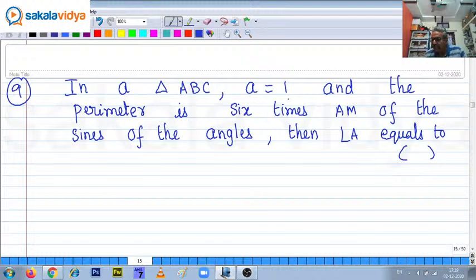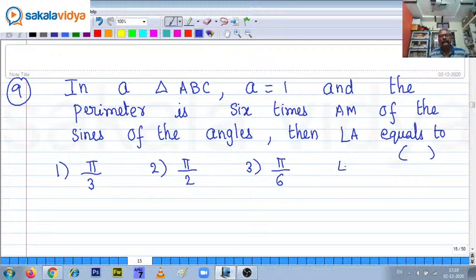This is the question. Angle A equals to: first option is pi upon 3, second option is pi upon 2, third option is pi upon 6, fourth option is pi upon 4. Okay, you try this question.